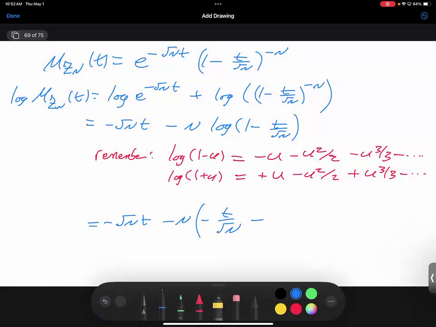Minus, now we're going to have to do the square. So the square is going to become t squared over n, and we have a factor of 2. Right? What's the next term going to be? It's going to be minus t cubed over 3 n to the 3 halves.